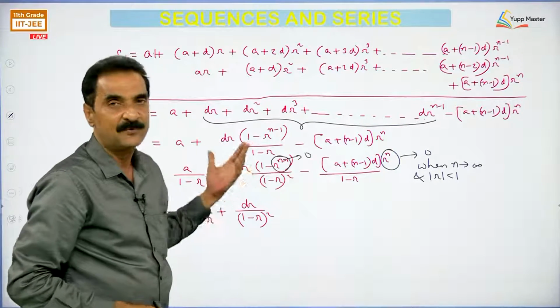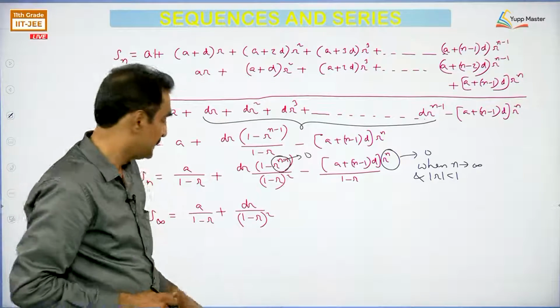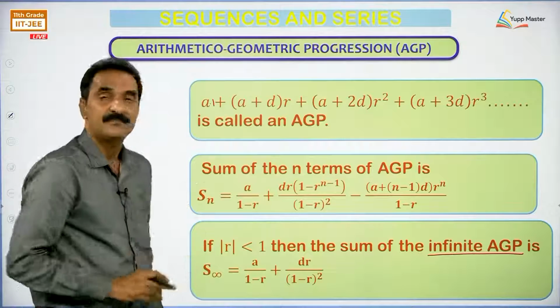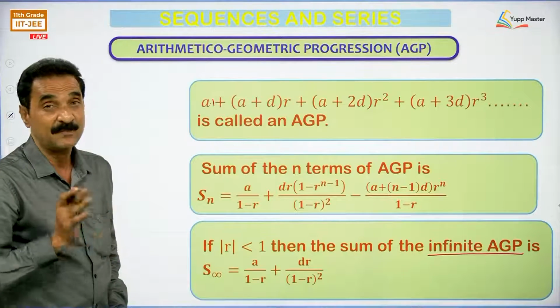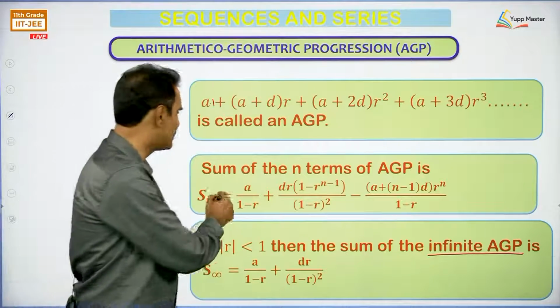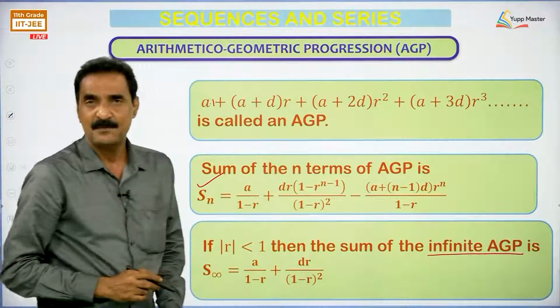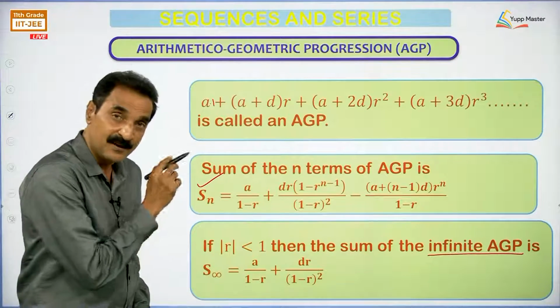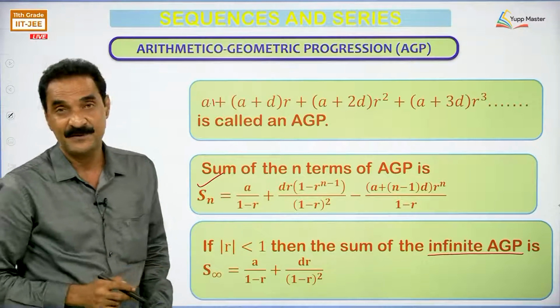So, you will not be able to find the sum, alright. And all of you remember this formula for infinite AGP. This is very, very important. Usually you require only this formula in problems.